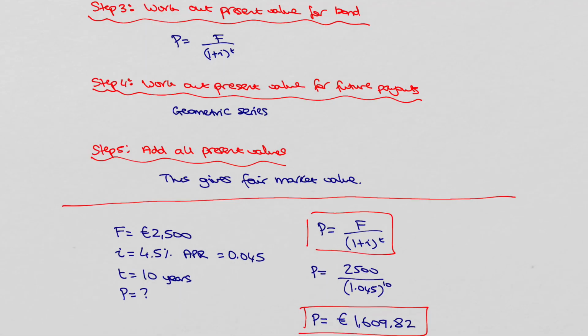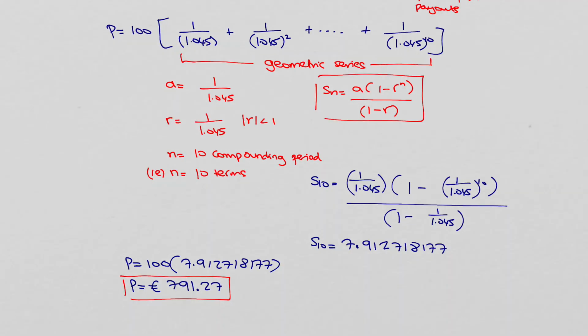So therefore we have the present value of the bond is €1,609.82. So that's the 2,500 discounted back 10 years, plus all of the €100 that are going to be paid out at the end of every year for 10 years, amounts to €791.27 at present.